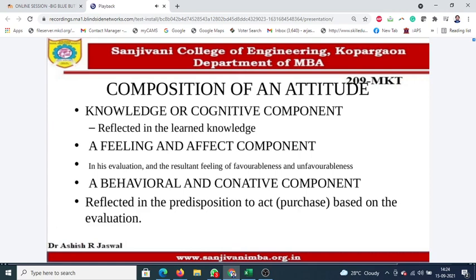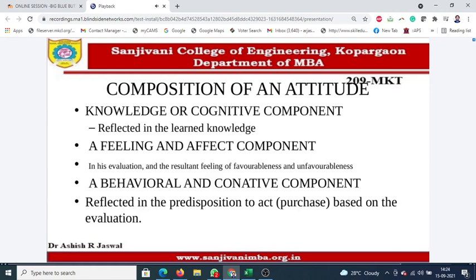Cognitive component, affect component and behavioral component. हे कंपोनेंट आपण आधी सुद्धा कव्हर केले होते. म्हणून मी म्हटलं की ऍटिट्यूडला जास्त वेळ लागणार नाही, पण let us try to understand the components which we need to look into.